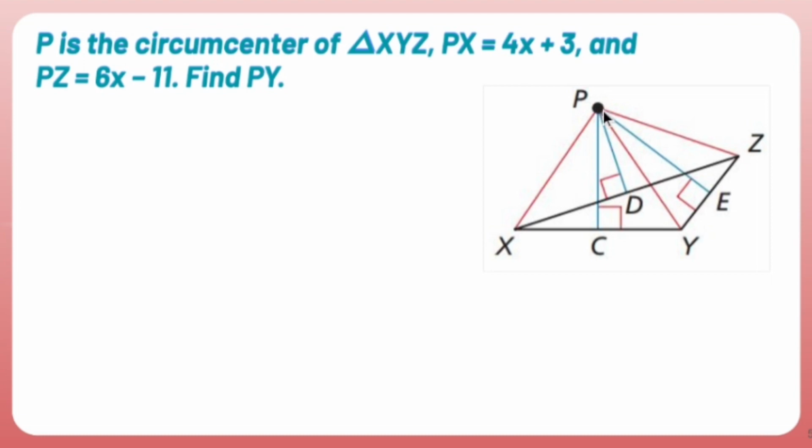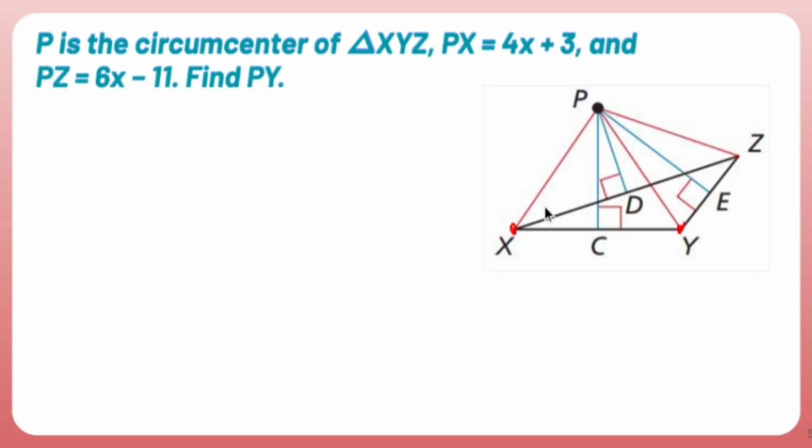So if this is the circumcenter, try to imagine that I drew a circle connecting these three dots. Now, there's no way I'd be able to fit this circle on this page or this slide, whatever you want to call it. The circle would look something like this. P is the center of that circle.